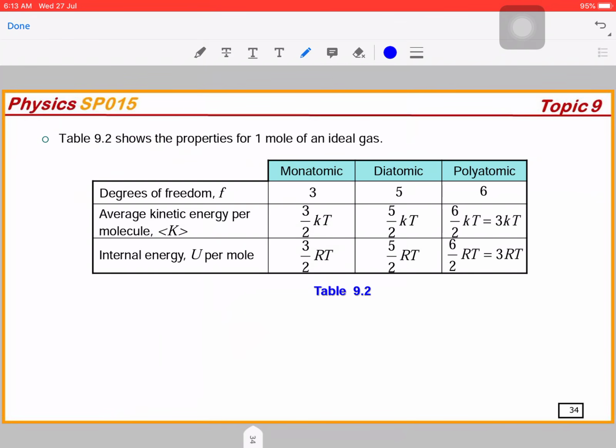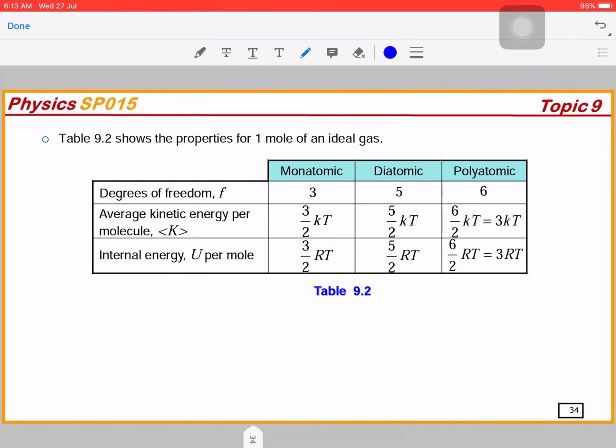Okay, so table 9.2 shows the properties for one molecule of an ideal gas. So, monoatomic has degree of freedom 3, diatomic 5, polyatomic 6. So, average kinetic energy per molecule is 3 over 2 kT for monoatomic, 5 over 2 kT for diatomic, and 6 over 2 kT or 3kT for polyatomic.